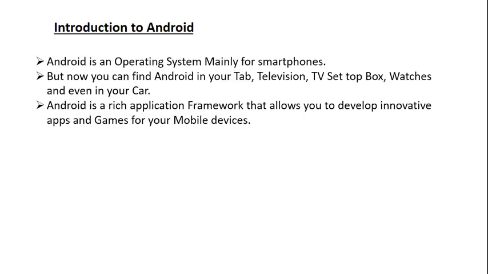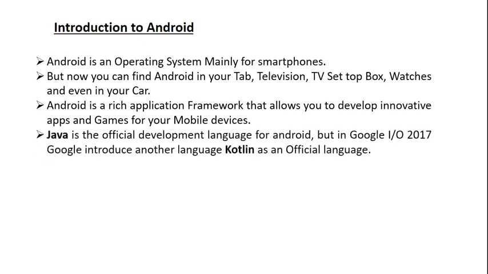You can use two languages for Android application development. First one is Java and second one is Kotlin. Java is the official development language for Android, but in Google I/O 2017, Google introduced another language called Kotlin as an official language for Android application development.